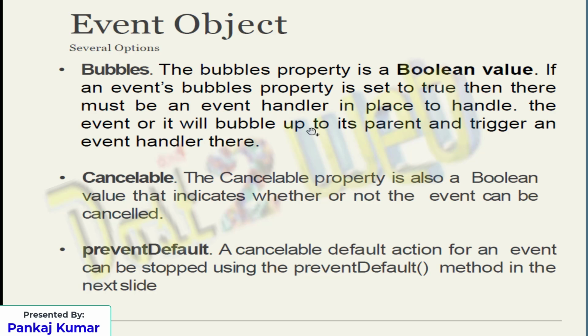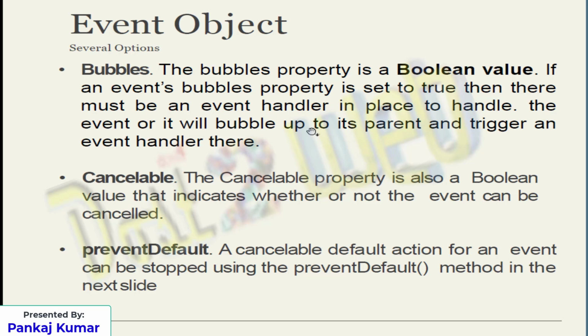The event will trigger, and it will bubble up to the parent element that you are defining. If you want to use the cancelable property, then you can define that too. This is also a boolean value. What is boolean? It's true or false, right? That means you want to execute or you want to cancel it. You can use this also.